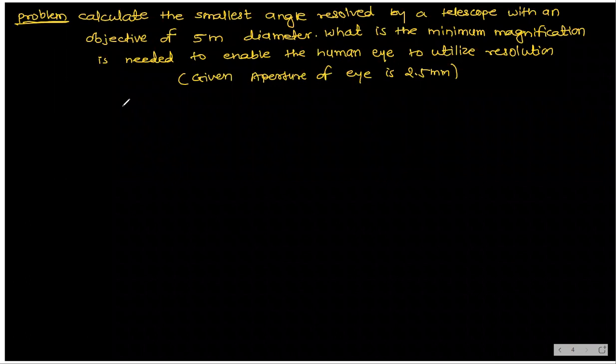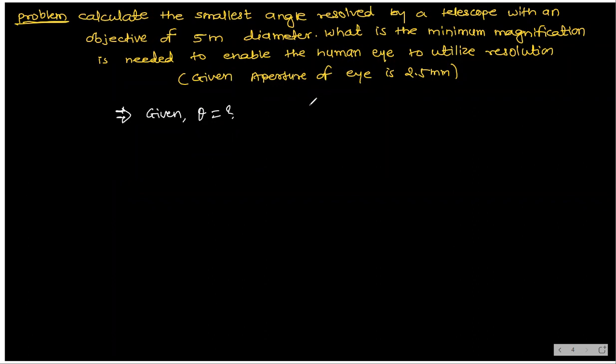Very easy question, not that much difficult. Given क्या क्या है देखो पहले. Smallest angle resolved means what? Theta he is asking, है ना. Theta is equal to question mark. Objective of 5 meter diameter means A is equal to 5 meter.